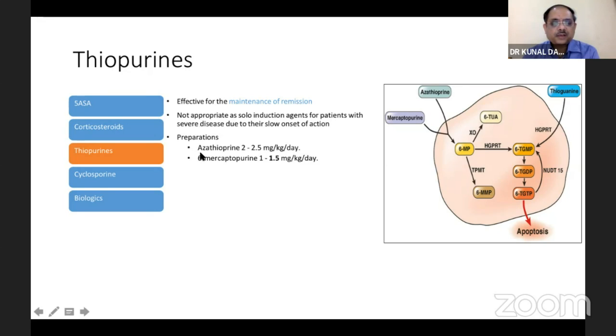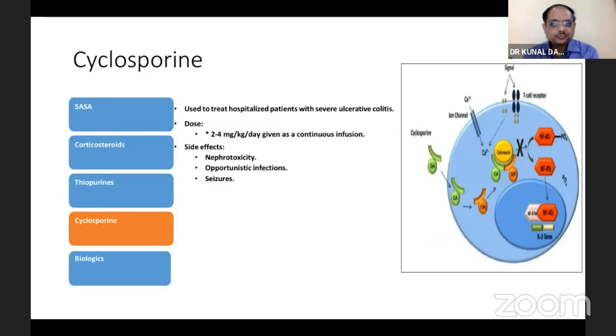The preparations available in the market are azathioprine or 6-mercaptopurine, and this is the pathway by which they are utilized: azathioprine, 6-mercaptopurine, HGPRT, cGMP, leading to apoptosis. This is the mechanism by which they act.